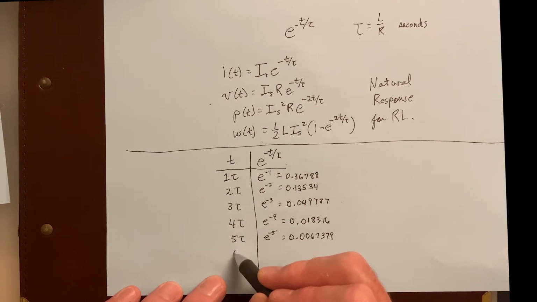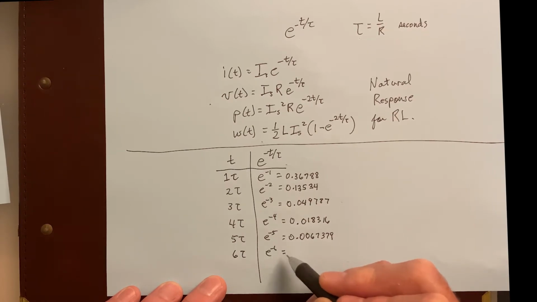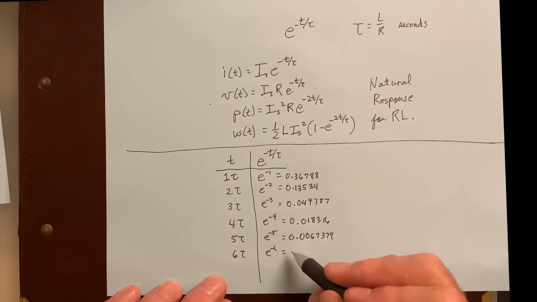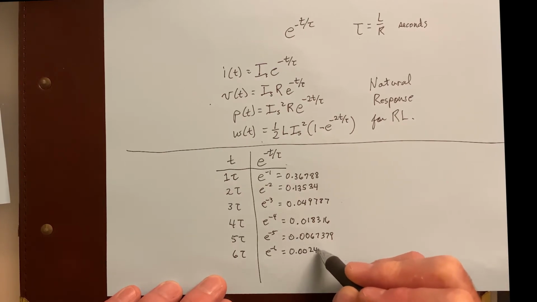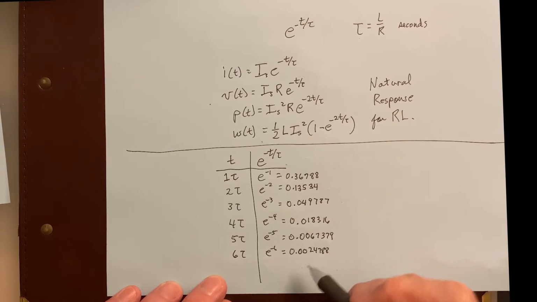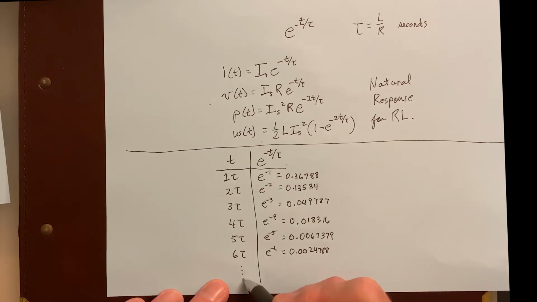Now, if we continue this on, 6 tau, e to the negative 6, well, that turns out to be 0.00247888. So it keeps getting smaller and smaller. Now we're less than 1%. We're down into very small numbers. You could continue this trend on.